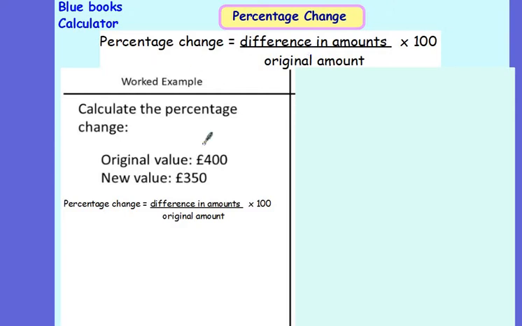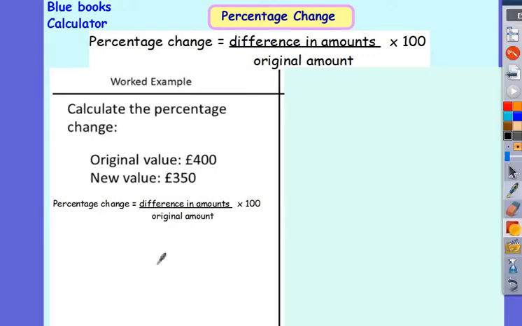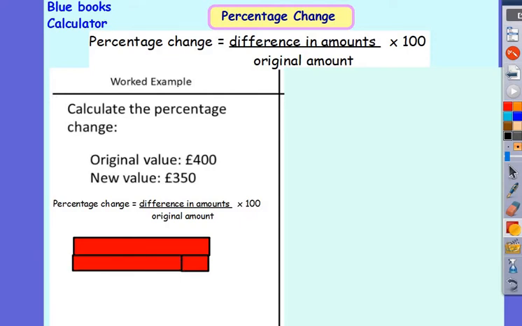I'm going to go through an example and then you're going to do an example, so pens down, eyes on me for this example. I've been asked to calculate the percentage change. My original value is 400. My new value is 350. So in this case, I've decreased. I've started off with 400. I've decreased to 350.